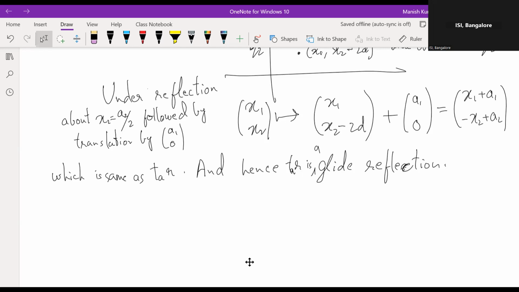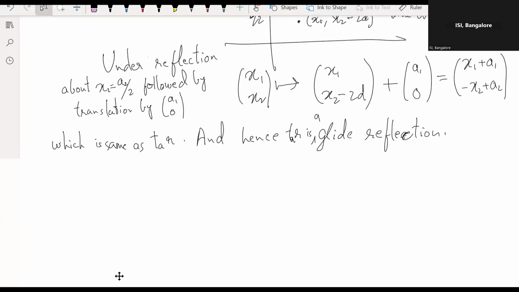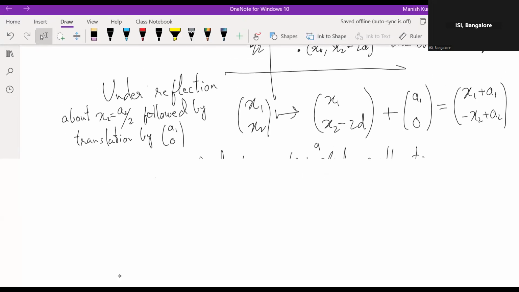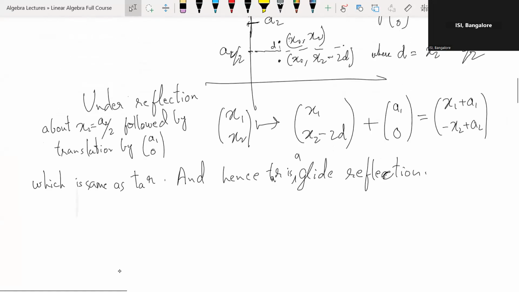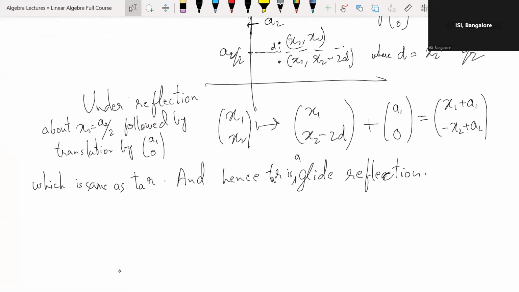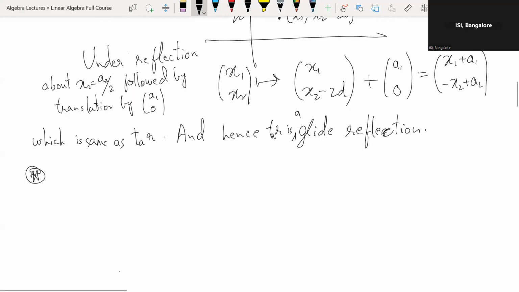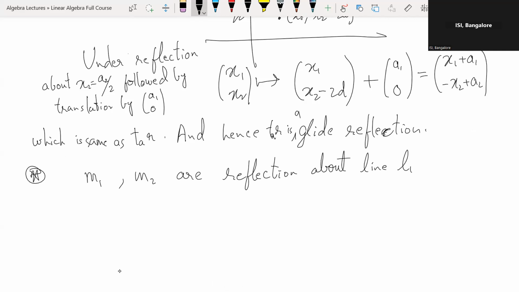Now think about reflections. Say one consequence: let's call them M1 and M2, reflections about lines L1 and L2 respectively. So say M1 and M2 are reflections about the lines L1 and L2 respectively.